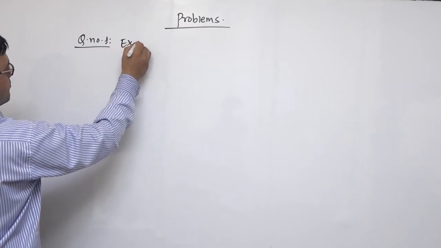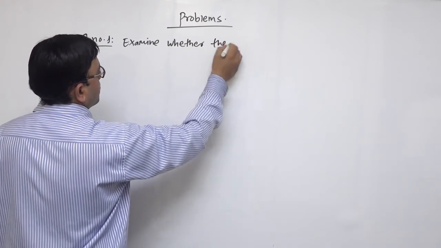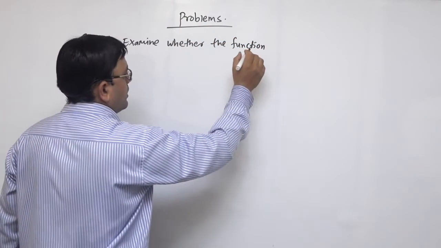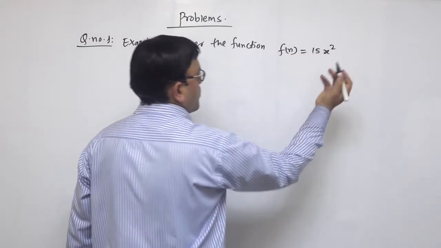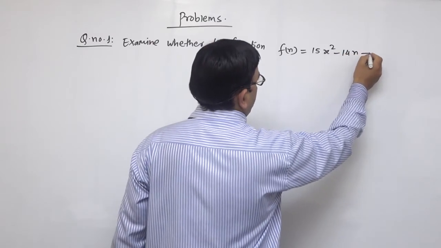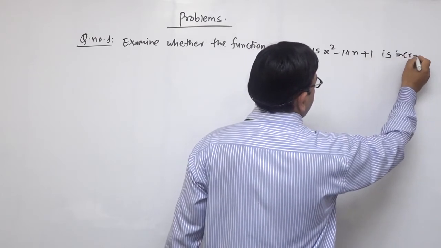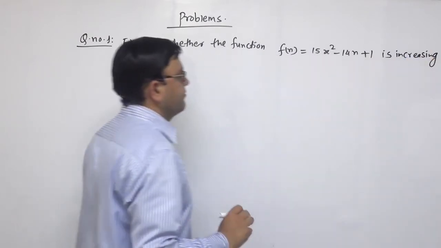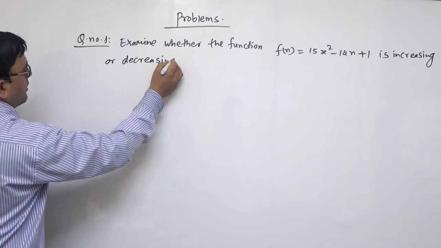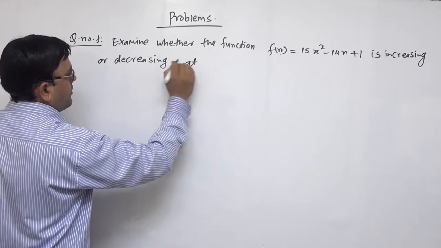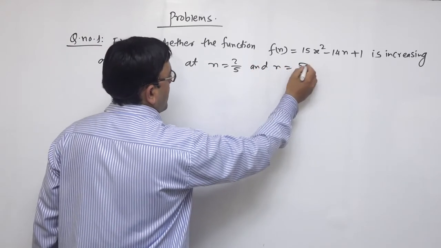Examine whether the function f(x) is equal to 15x square, suppose one example we can take, minus 14x plus 1, is increasing or decreasing at x is equal to 2 by 5 and x is equal to 5 by 2.